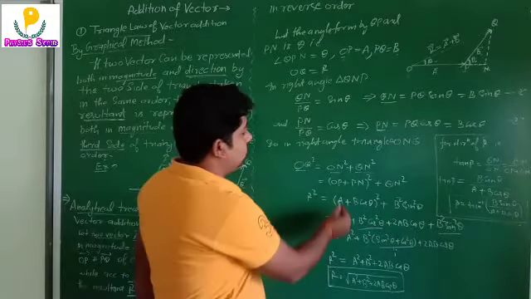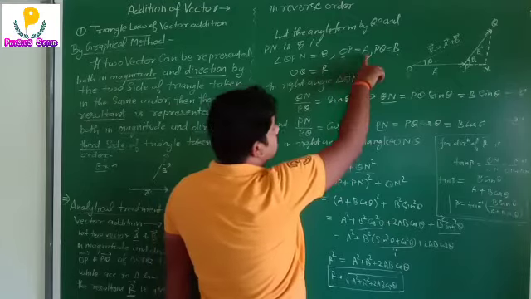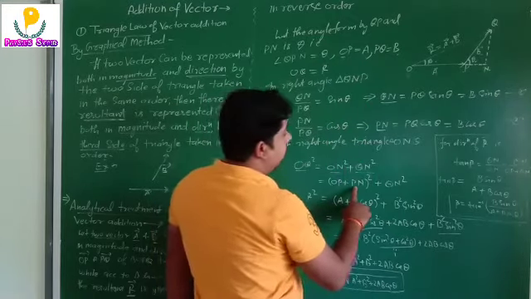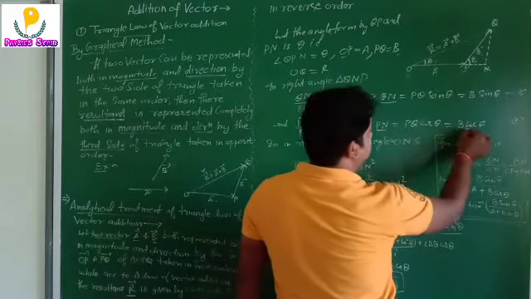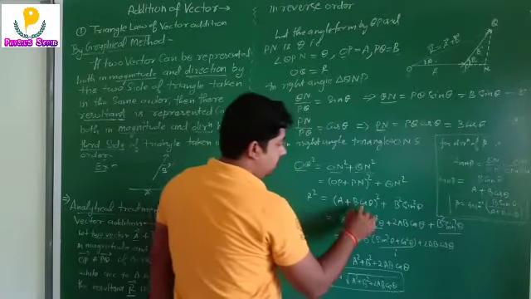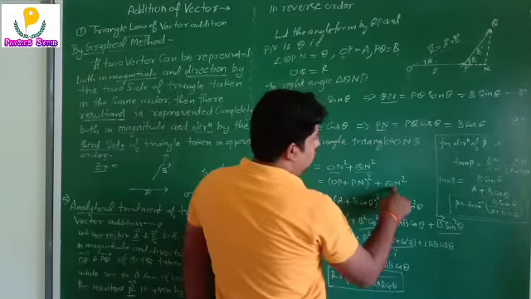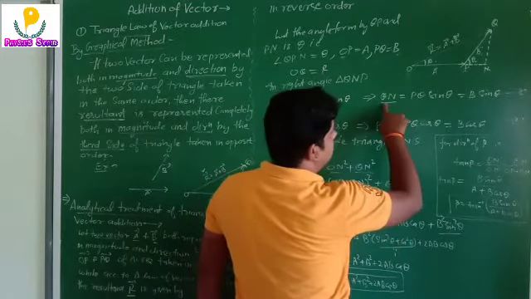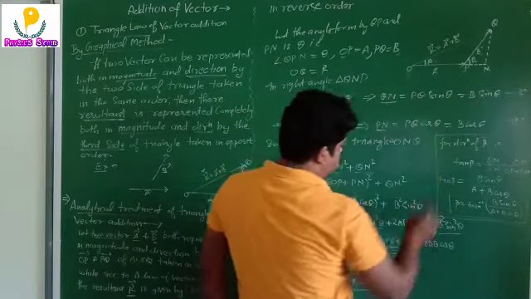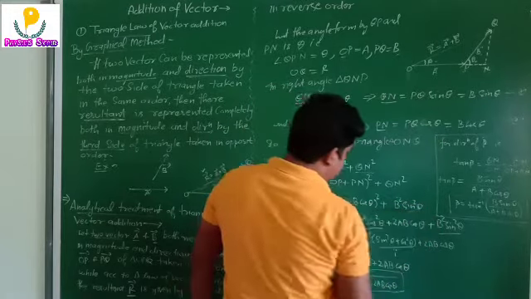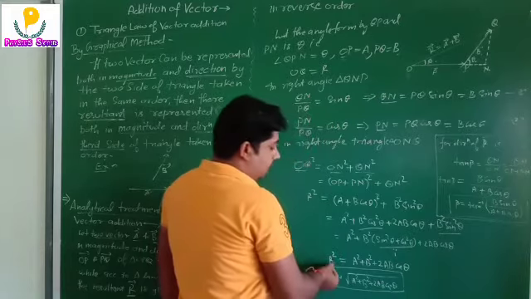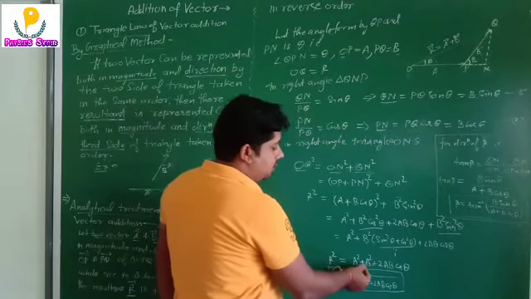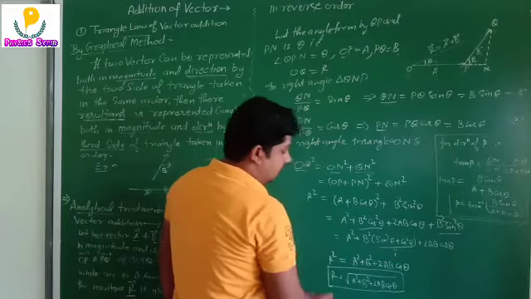If we put the value of OP, which is A, and PN, which we have calculated from equation number 2, this is B cos theta, plus QN also from equation number 1, this is B sin theta. After putting in the values, we solve and get R square is equal to A square plus B square plus 2AB cos theta.